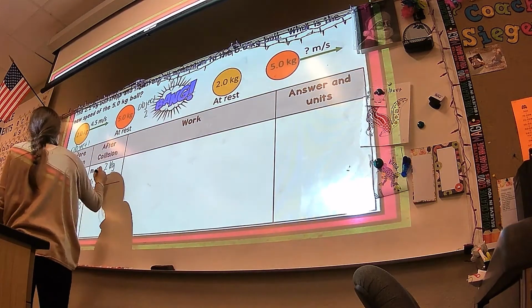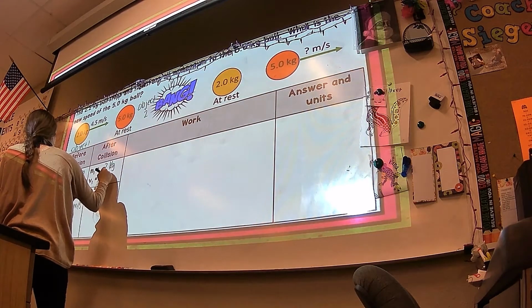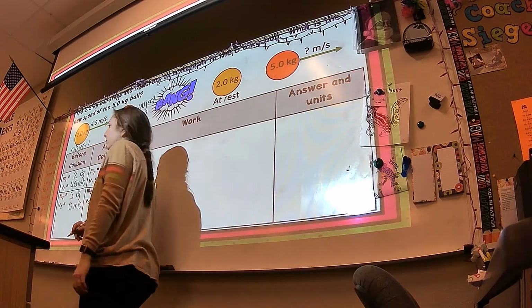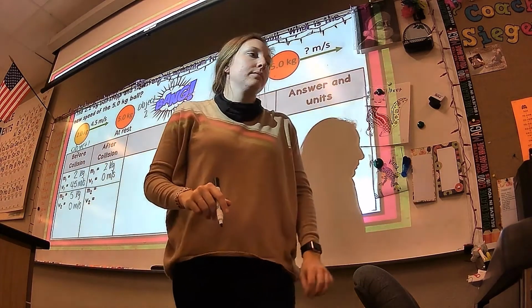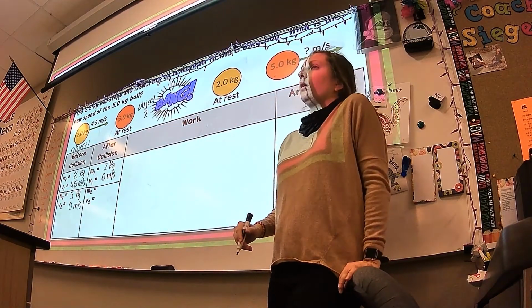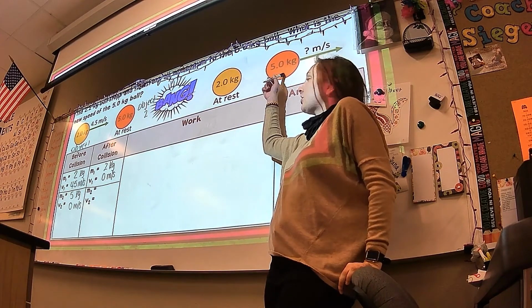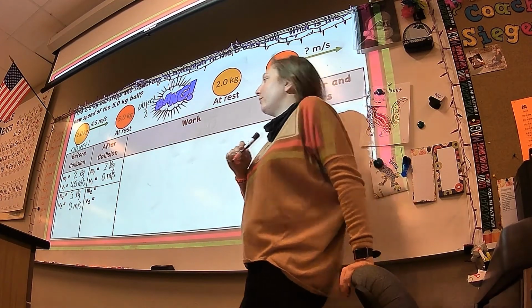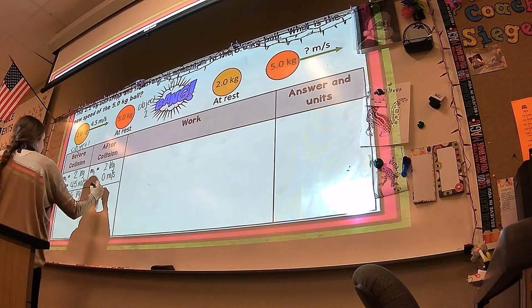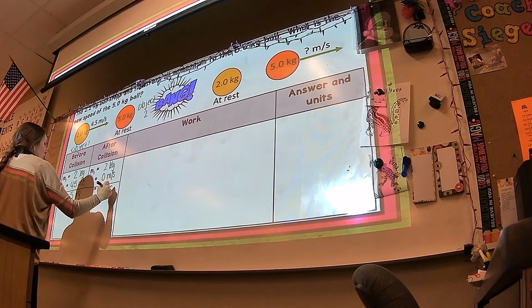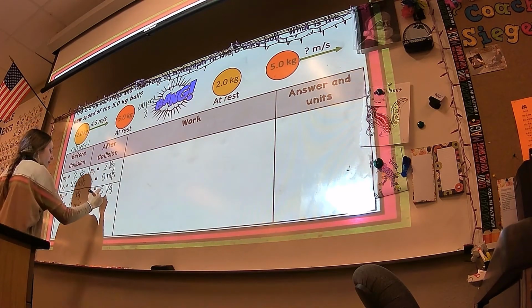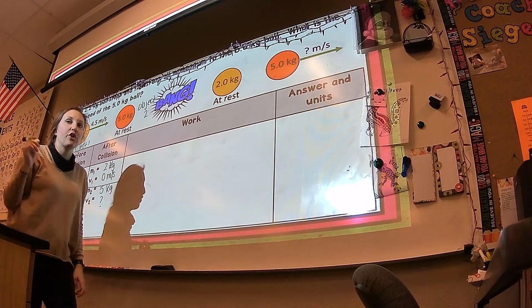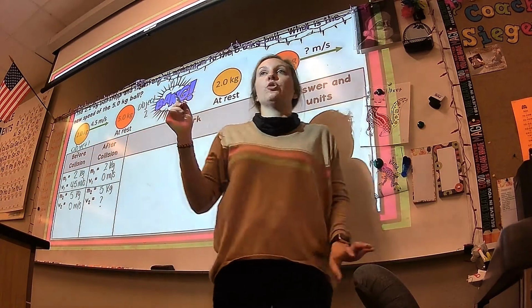So V1 on this side equals 0 meters per second. What's the mass of our object 2 after the collision? 5 kilograms. It stayed the same. And we don't know the velocity. There's a question mark there. So our job is to figure out the velocity of object 2 after they collided.